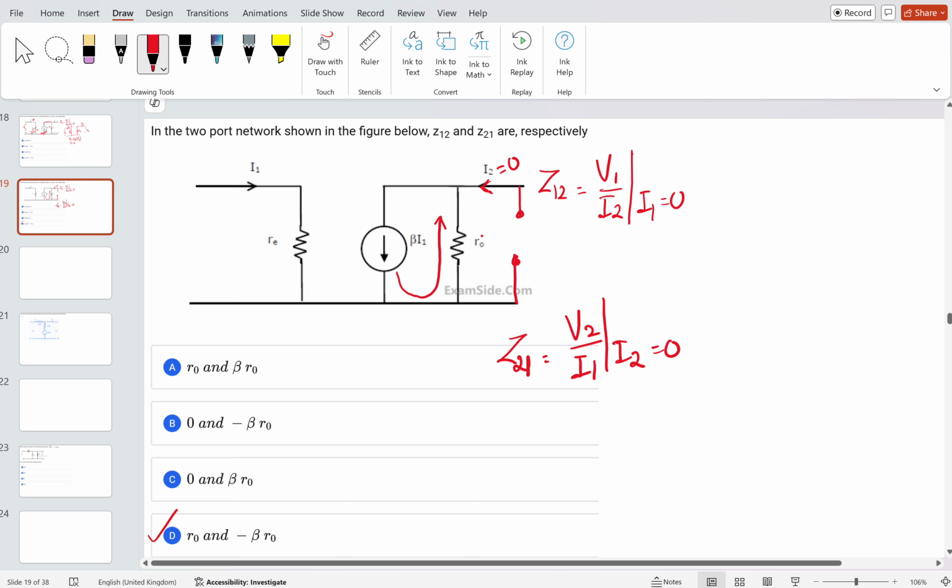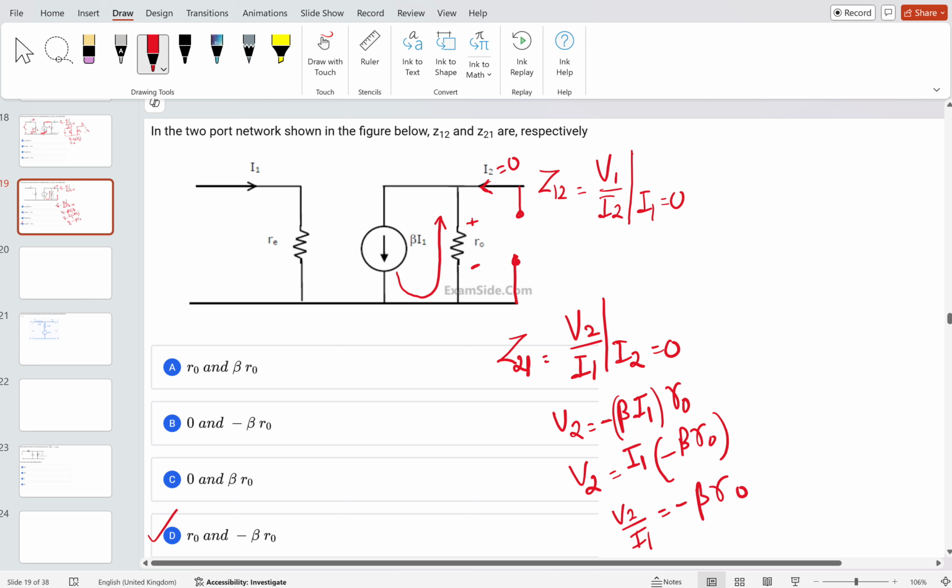So V2 will become minus beta I1 times R naught, because the current is in the reverse direction. Or you can say V2 by I1 is equal to minus beta R naught.